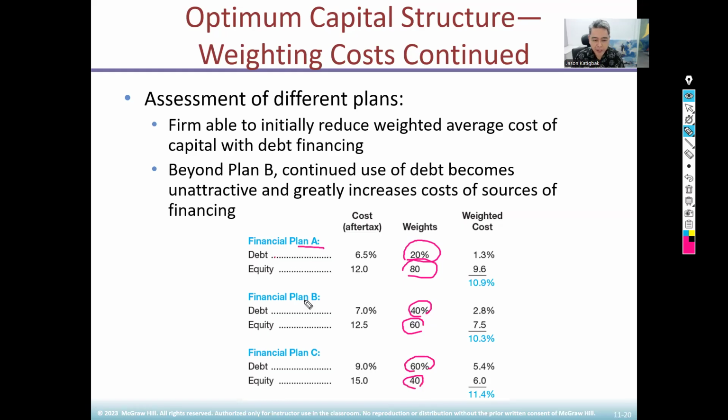So you have plan A, plan B, plan C. But you would need to see the lowest one, which is actually 10.3. So this will be ideal. Now, if you do the math, you might say you can do 100% debt, and then your cost will be the lowest. Not correct. Why?